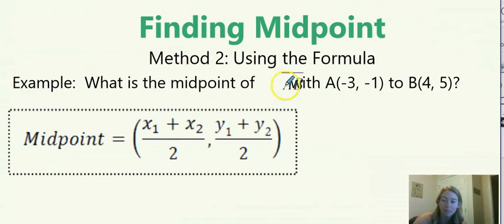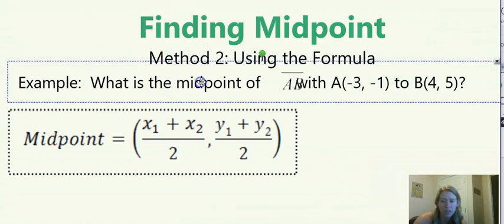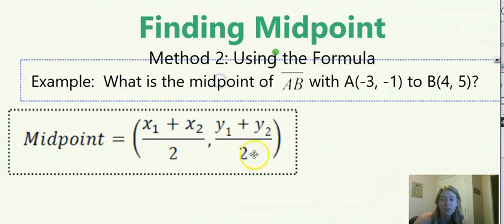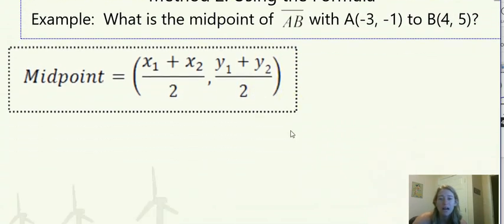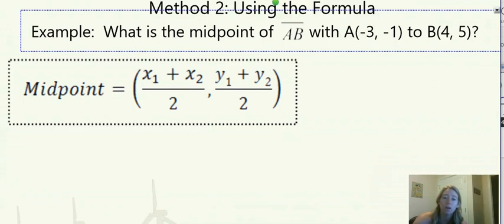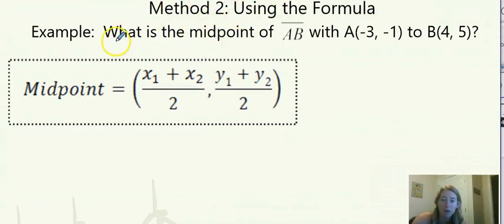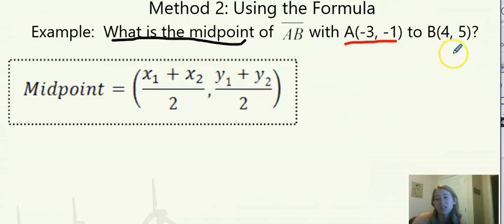All right, the second method we're going to be using today is the actual formula for midpoint. So if you are a formula person, this is the method you're going to want to use. All we've got to do is plug our pieces in. So let's see what we've got. We're looking for a midpoint, and they're telling us that A is (-3, -1) and B is (4, 5).